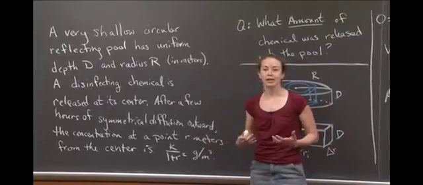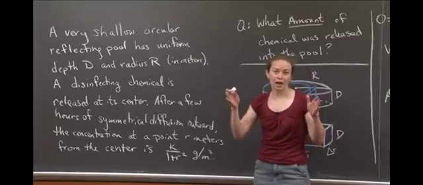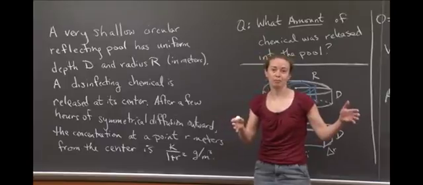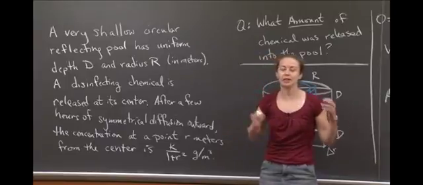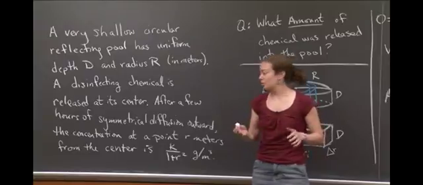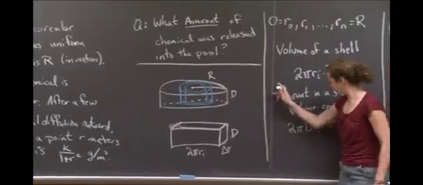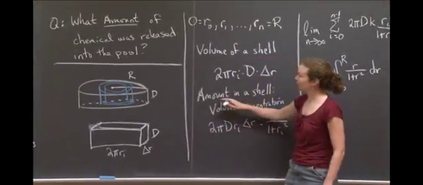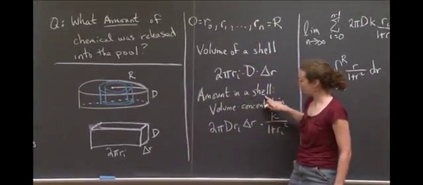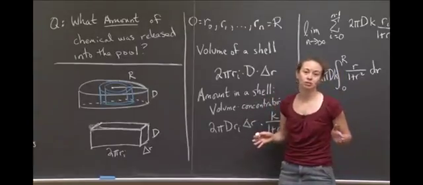We figured out a way to estimate it by splitting up the radii. We had the radius from 0 to big R, and we just divided up the radii and assumed certain things were constant in these regions. And we determined the right function to find the amount of chemical in a certain shell, assuming that the concentration was constant throughout that shell.